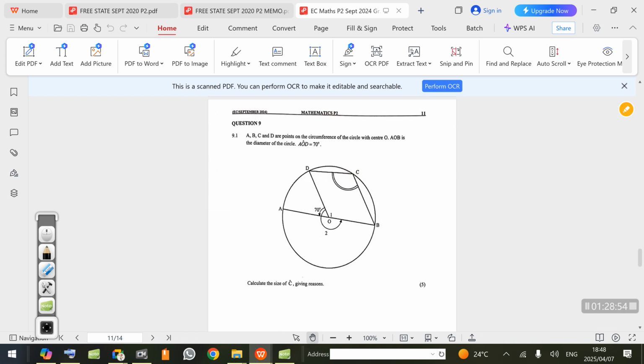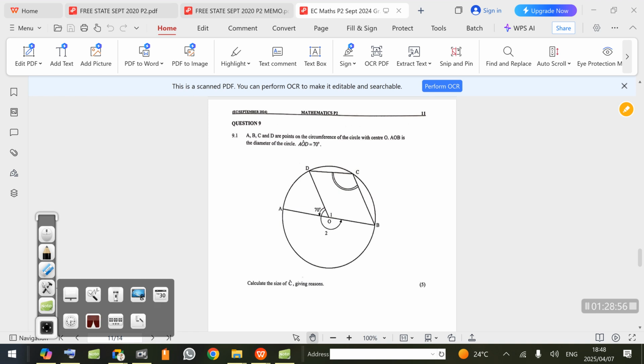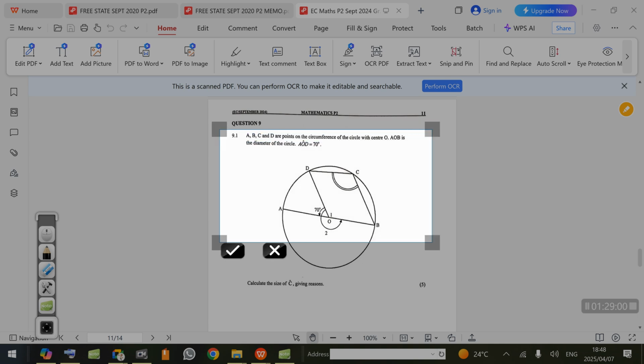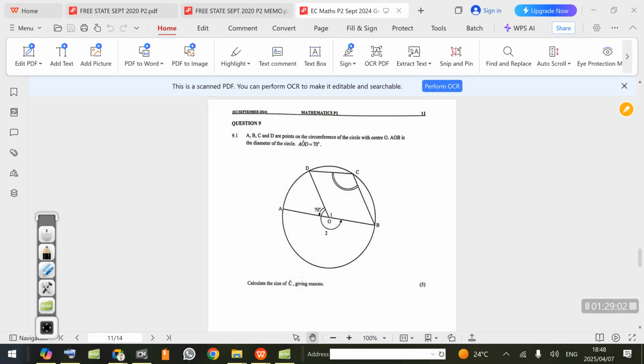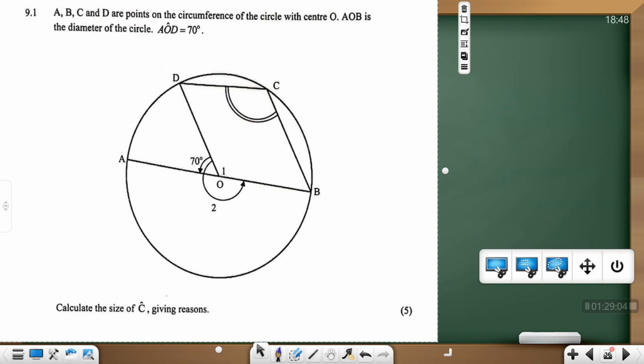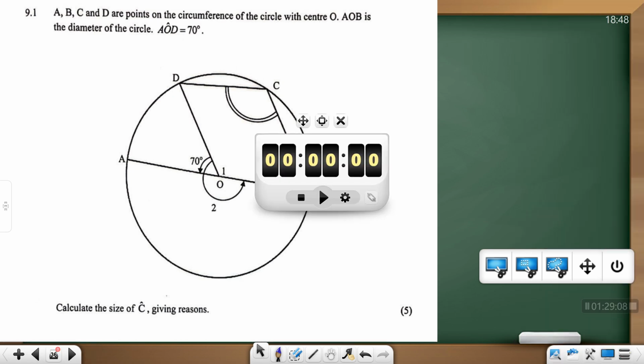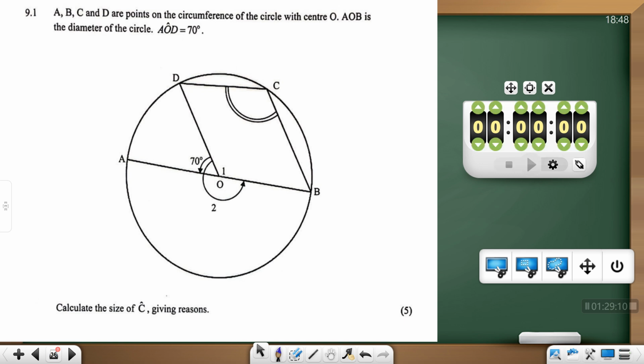Grade 11 again. But let's do it. Grade 11, because I want us to transit gradually. This is grade 11. This is 5 marks. I'll give you 5 minutes for you to think again. 30 seconds to read.